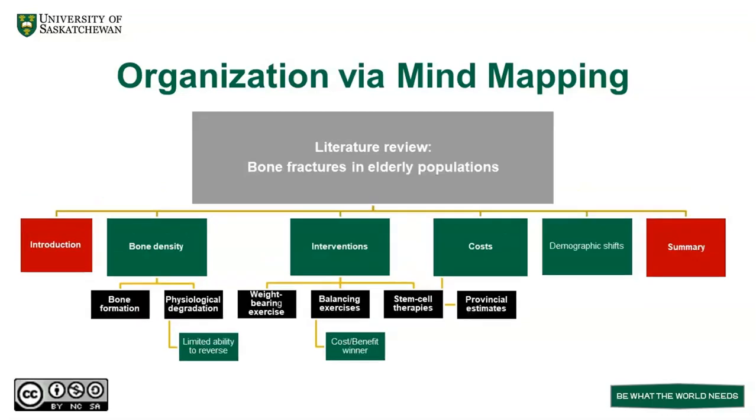So for instance, if we were still looking at this research question of bone fractures in elderly populations, we might identify some central themes as bone density, interventions, cost, demographic shifts. And then within some of these themes, we might see here are some sub-themes, and then finally some sub-sub-themes.